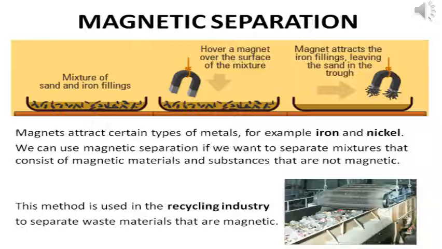We observe that the magnet attracts the iron filings, leaving the sand in the trough or the vessel. A magnet attracts certain types of metals, for example, iron and nickel. We can use magnetic separation if we want to separate mixtures that consist of magnetic material and substances that are non-magnetic.